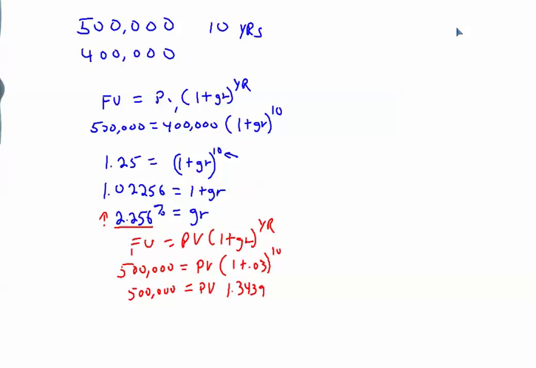So I'm going to divide both sides by that 1.3439. And I get the present value needs to drop to $372,046.96.